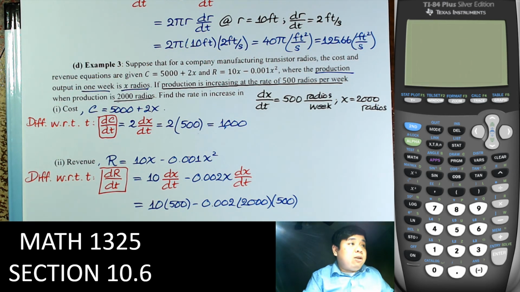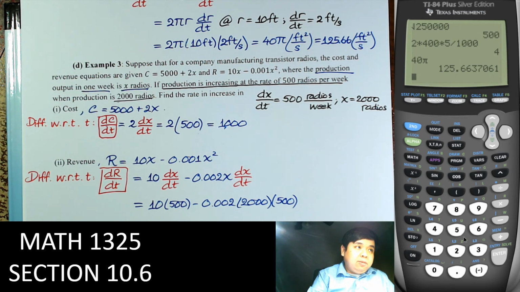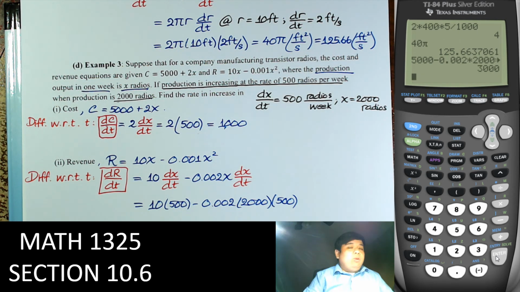So that is 5000 minus 0.002 times 2000 times 500. We have 3000.